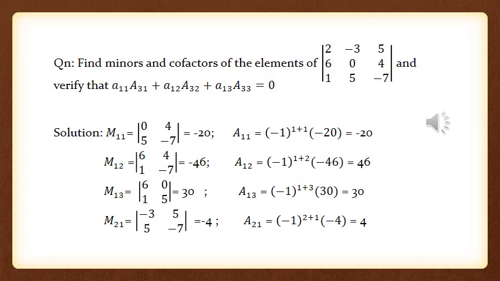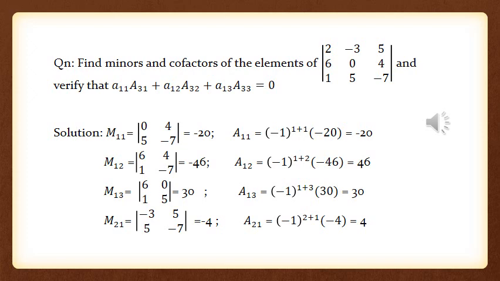Now the second element is negative 3, that is the element a12. Its minor is denoted by capital M12. How do we get M12? By deleting the row and column where negative 3 lies. Then we get determinant 6, 4, 1, negative 7.